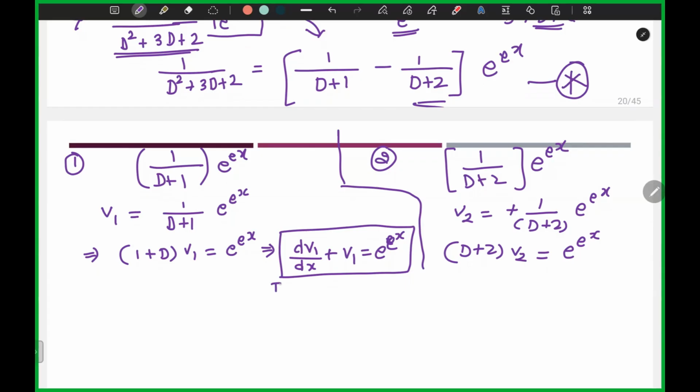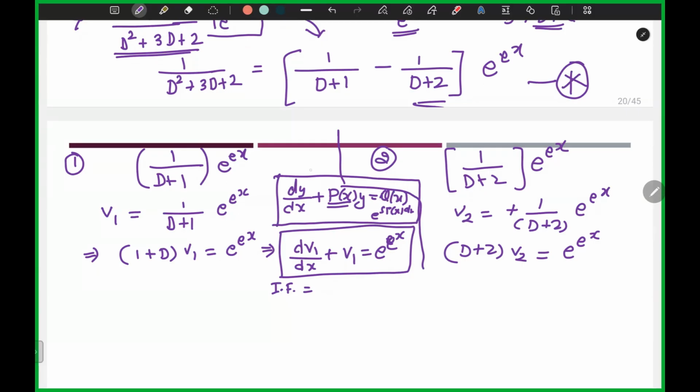You have seen this form earlier: dy by dx plus P(x) y equals Q(x), and the integrating factor is e to the power integral of P(x) dx.